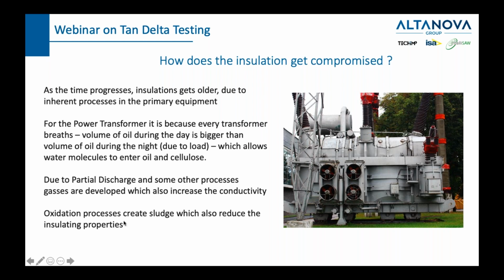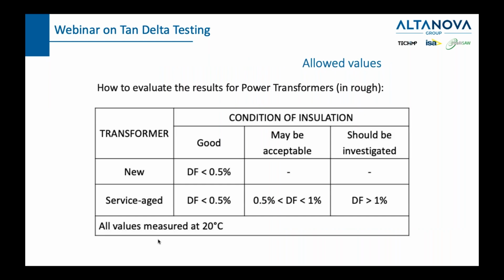Also, certain oxidation processes create sludge, which gathers at the bottom of the tank, and it also reduces the insulating properties of the oil. So all these parameters, the breathing of the transformer, partial discharge, heating inside, hot spots, and oxidation processes, decrease the insulating properties and increase the conductivity of the transformer.